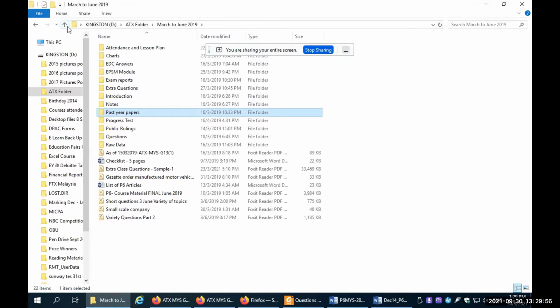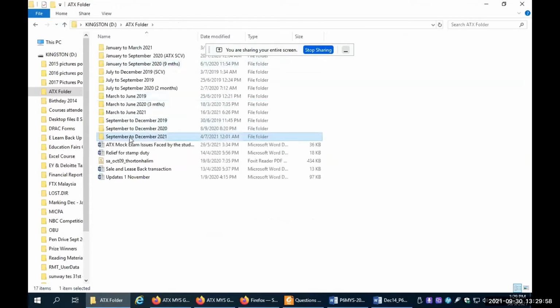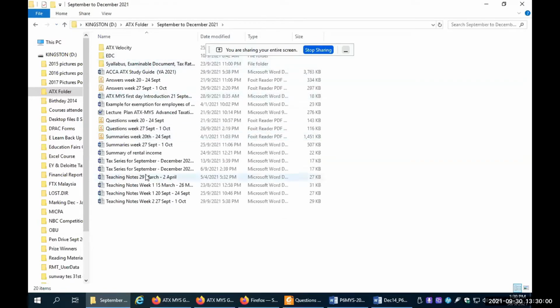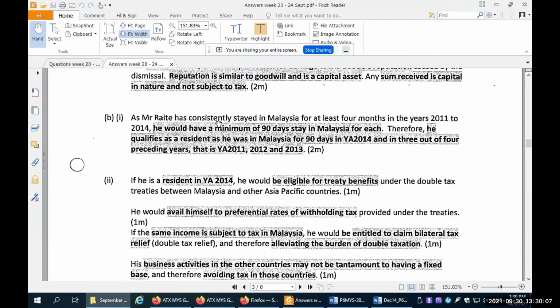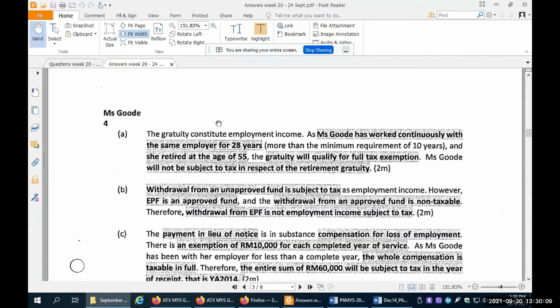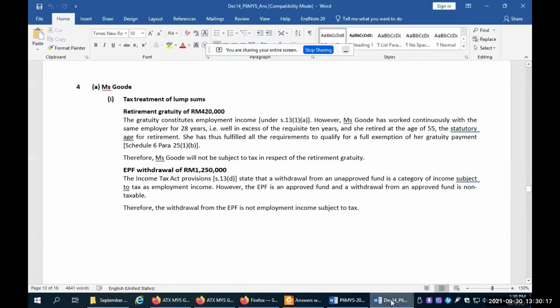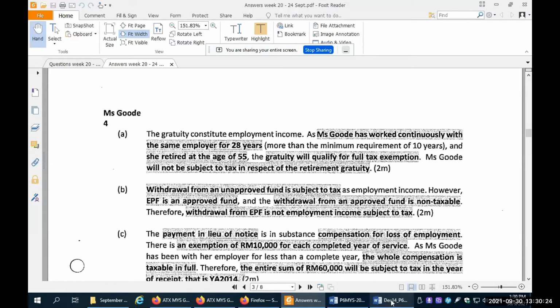I'm just going to check whether, okay, in this situation, I've already amended some of the answers here, based on the past years. I made it a bit more concise and so on.